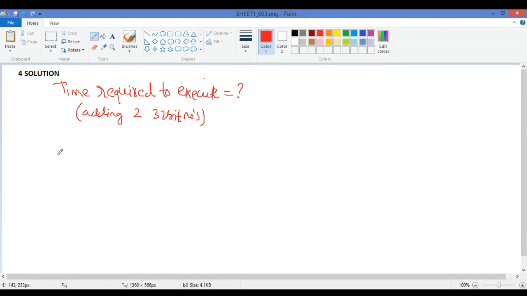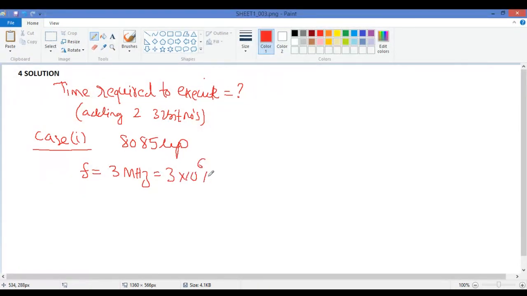For that you need to know the frequency. First, let us take case A, case 1, for the 8085 microprocessor. From the previous solution we know that the frequency at which this 8085 runs is given as 3 megahertz. 3 mega is nothing but 3 into 10 to the power of 6 hertz.